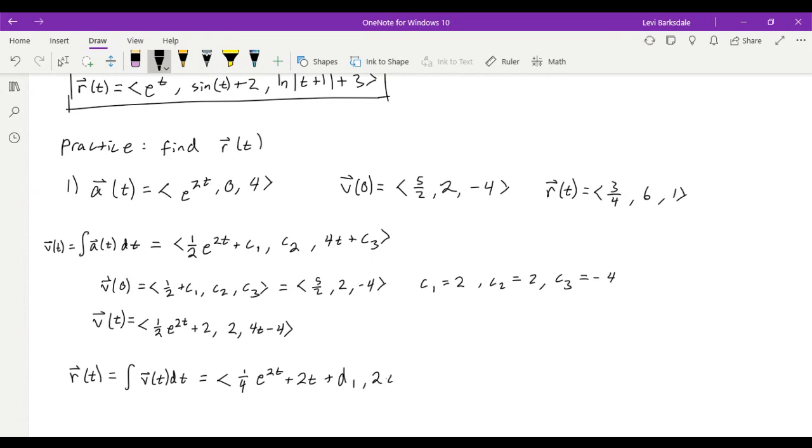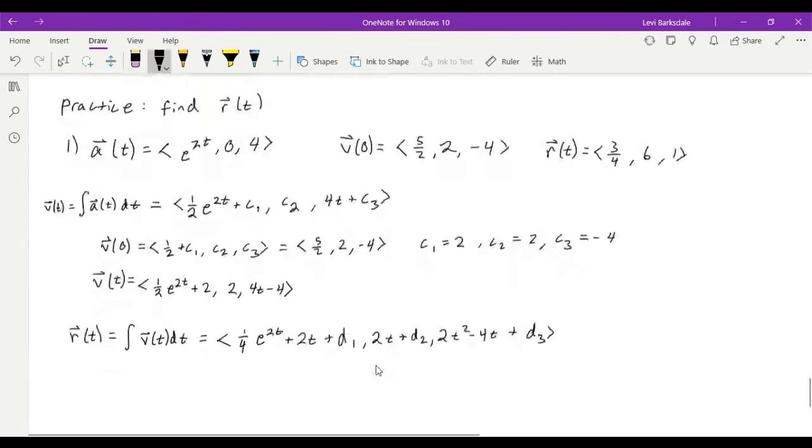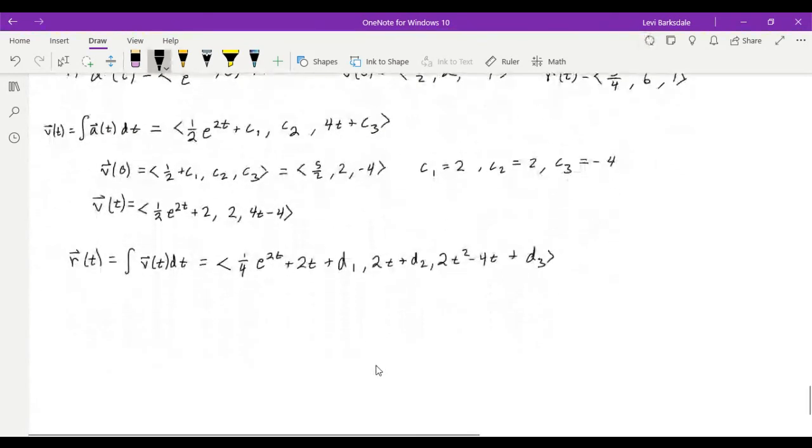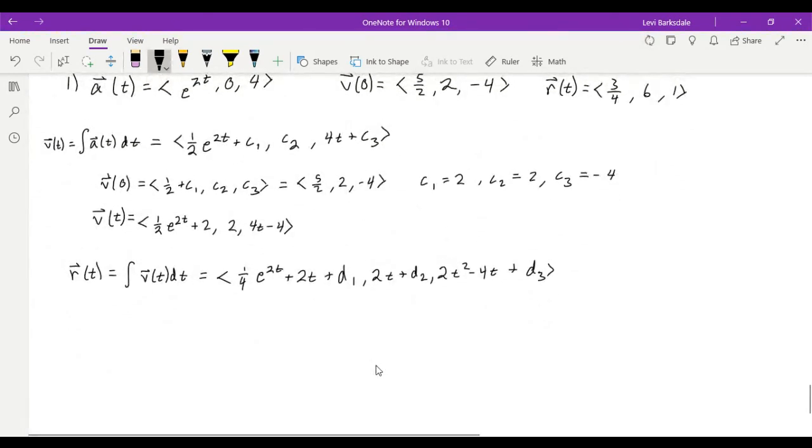And we have d2. And lastly, 2t squared minus 4t plus d3. Now, we are again given an initial position, r of 0.